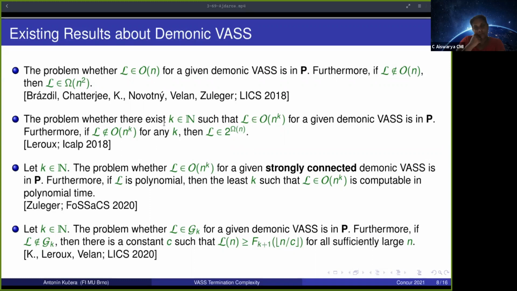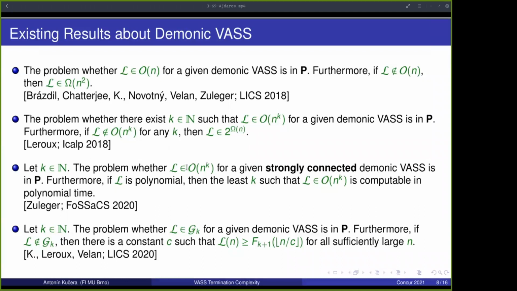The polynomiality of termination complexity, that is the question whether the termination complexity is asymptotically bounded by some polynomial, is also solvable in polynomial time. And again, there is a kind of gap saying that if the termination complexity is not polynomial, then it is at least singly exponential.